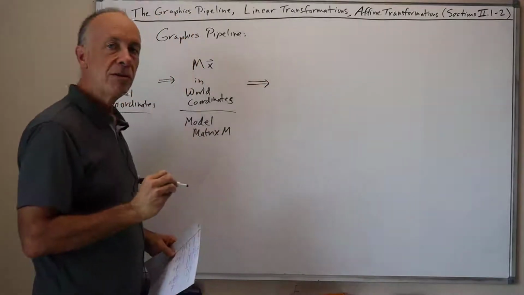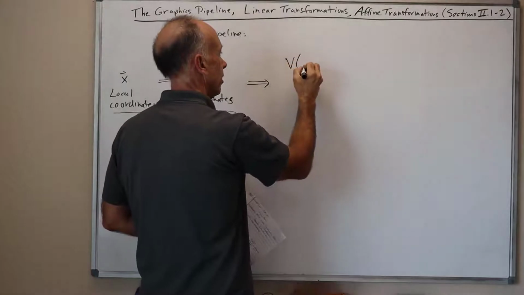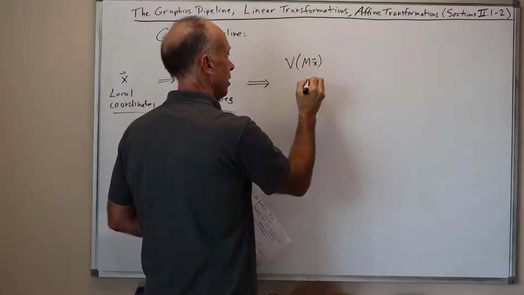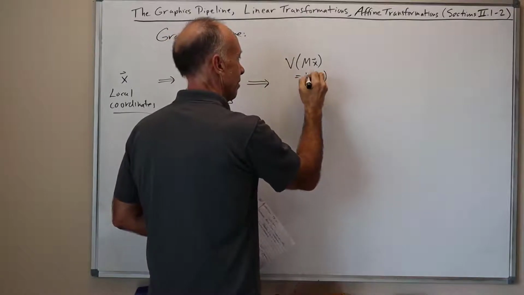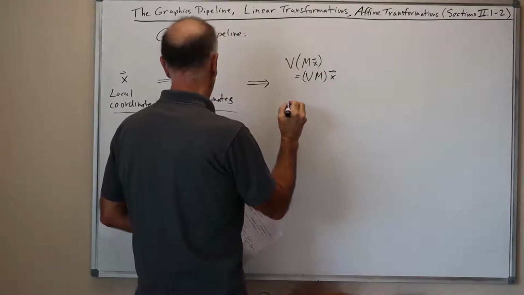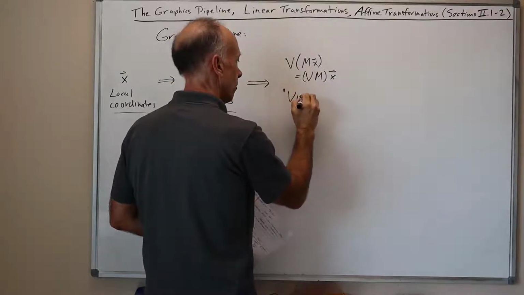Now, we want to view this object from some particular point of view, so we transform it again. We apply another matrix V to Mx, which of course is the same as VMx, and this gives the points in so-called view coordinates.